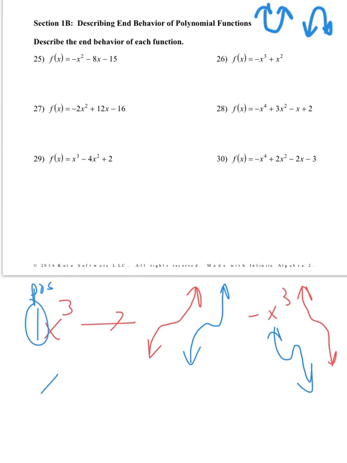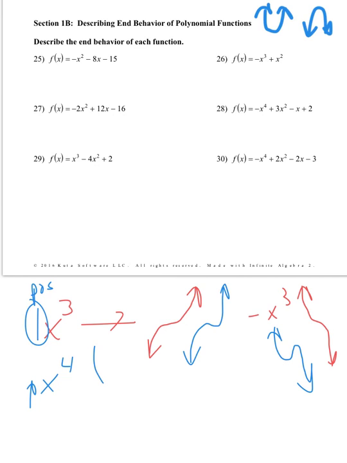If you have x to the fourth, with x cubed you always have opposite end behaviors. One side of the graph is going up, one side is going down. With x to the fourth, you're going to get graphs that look something like this. The end behavior is going to be the same, either both up or both down, and it's all based on whether the lead coefficient is positive or not.